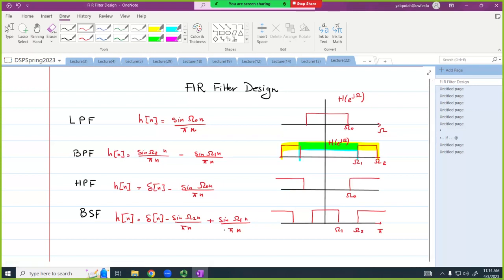Make sense? So the band stop filter is just a delta minus a band pass filter. I took a constant, subtracted from it the band pass filter, and I'm going to get the band stop filter.